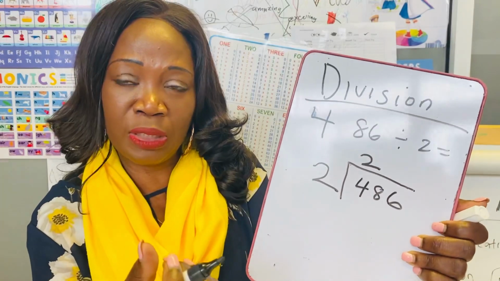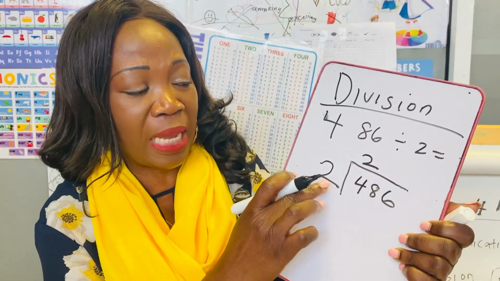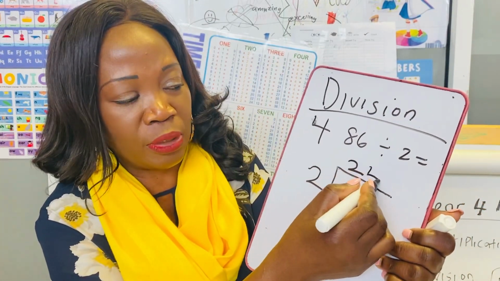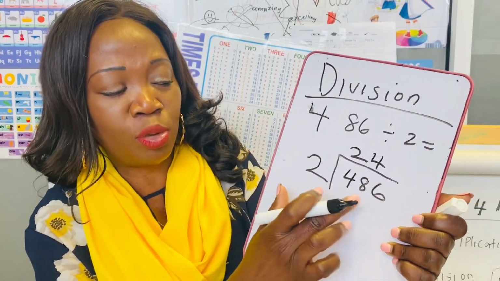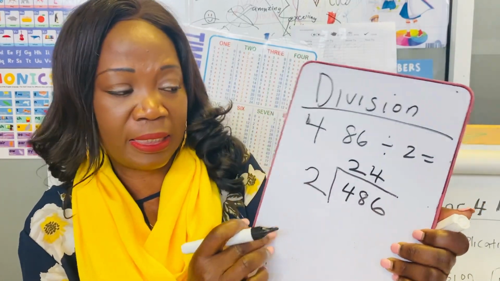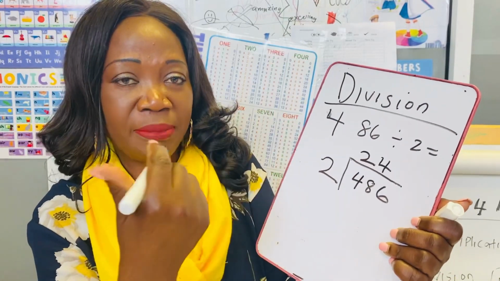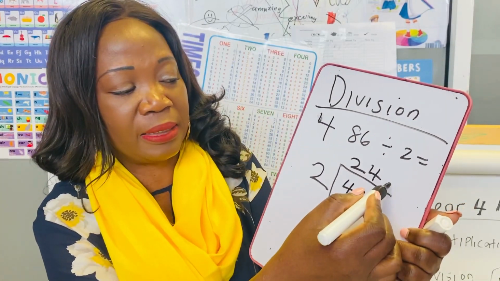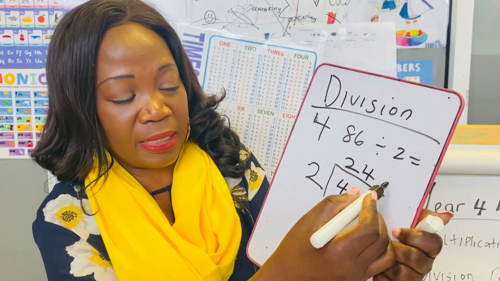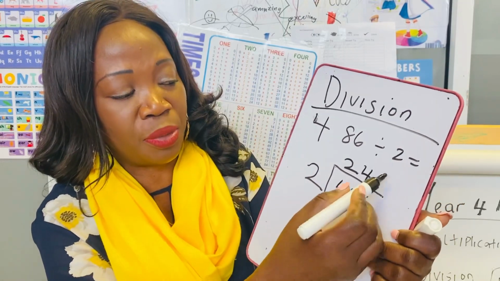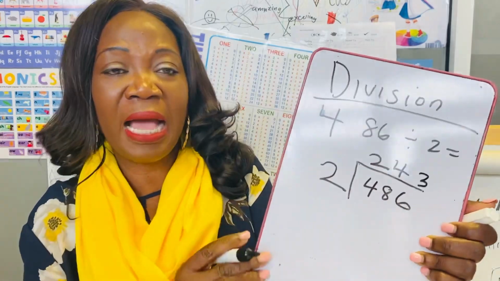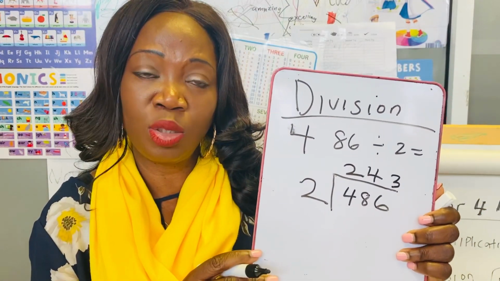If you know your 2 times table, you know 2 times 4 makes 8, so it's 4 times. So how many 2 goes in 6? 3 times. 3 times 2 or 2 times 3 is 6. And that's it. It's easy to do.